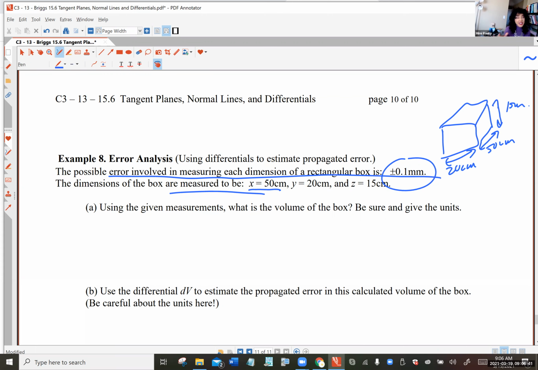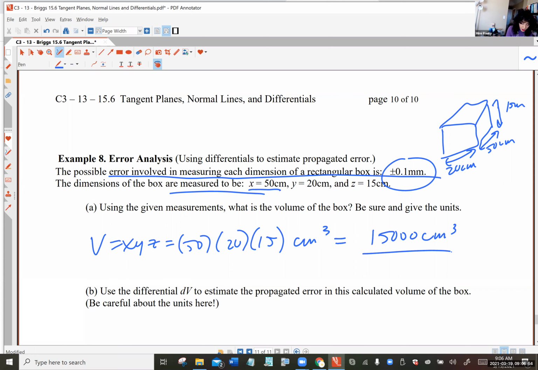Now, just using these given measurements, what is the volume of this box? Well, it's 50 times 20 times 15 centimeters cubed. I get 15,000 centimeters cubed is the measured volume of the box, but that's not exact. So it's off somehow because of the propagated error of your measuring tool.